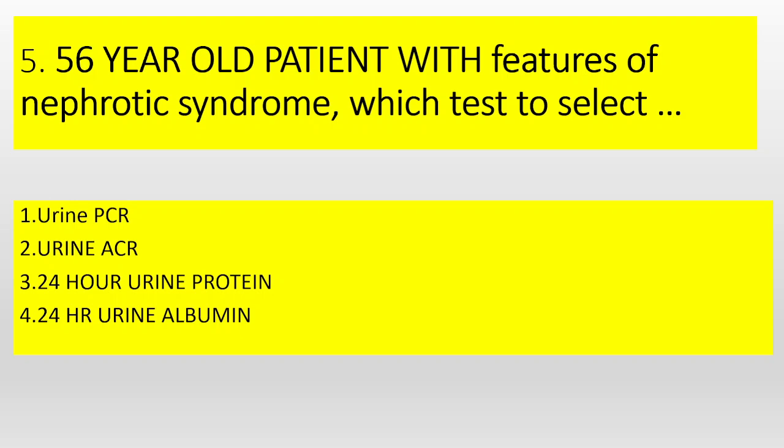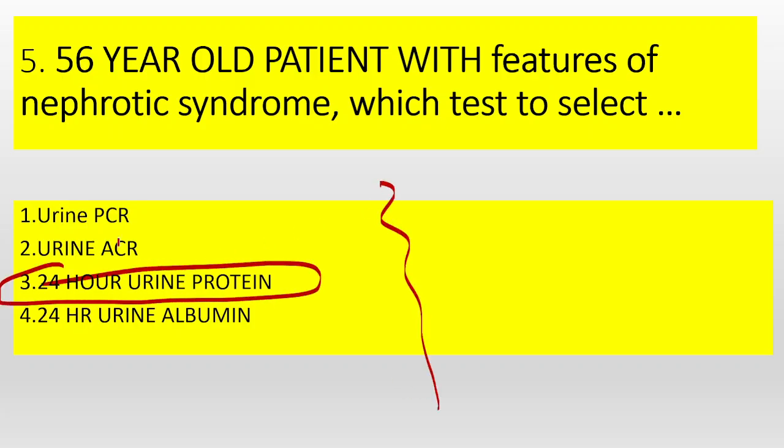A 56-year-old patient with features of nephrotic syndrome, which test will you select? The answer is 24-hour urinary protein. What is the explanation? First, we will look at ACR and PCR. These urinary ACR and PCR are shortcuts for this investigation. For example, if we ask the patient to collect urine for 24 hours in a container, the patient will be uncomfortable.